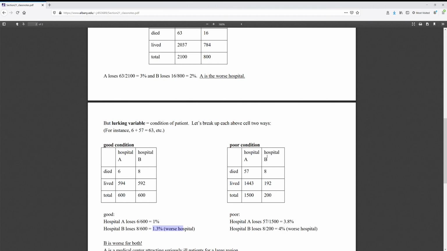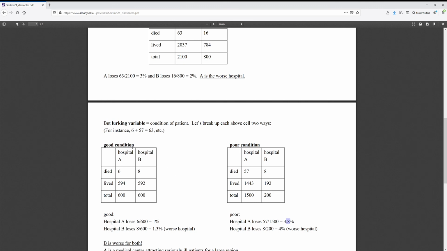What about poor condition? Well, let's do it again. For Hospital A, 57 out of 1,500. For Hospital B, 8 out of 200. 57 out of 1,500 is 3.8%. 8 out of 200 is 4%. Of course, 4% is more than 3.8%.